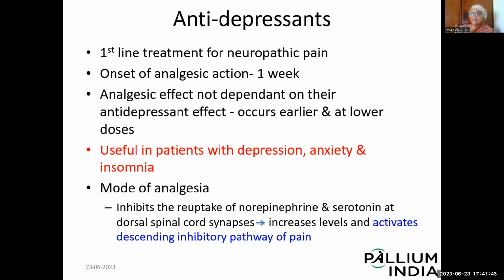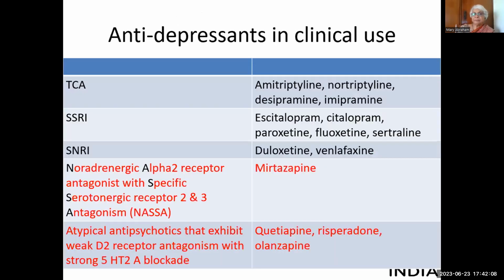But it still takes a week for its analgesic action to kick in. So it's very useful in cancer because along with the neuropathic pain, it is also treating the depression, anxiety, insomnia, etc. How do they act? They inhibit the reuptake of norepinephrine and serotonin, and thus activate the descending inhibitory pathway of pain.